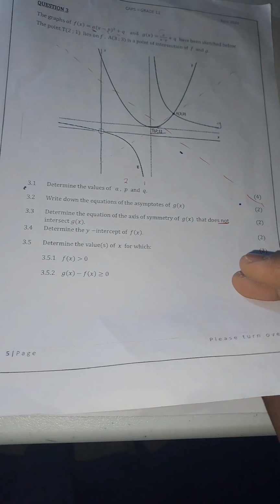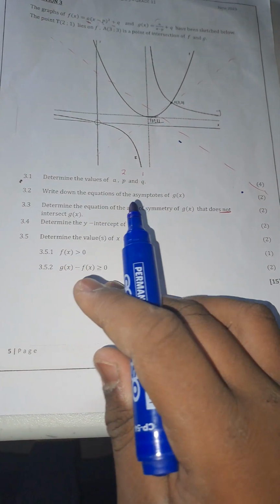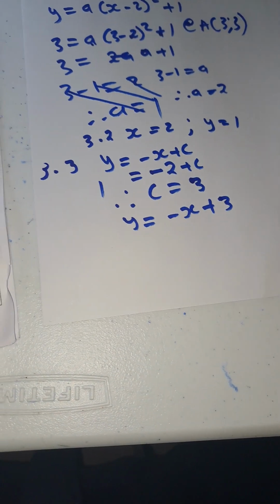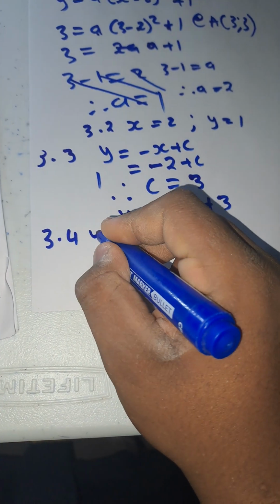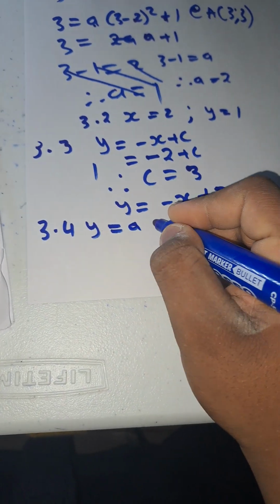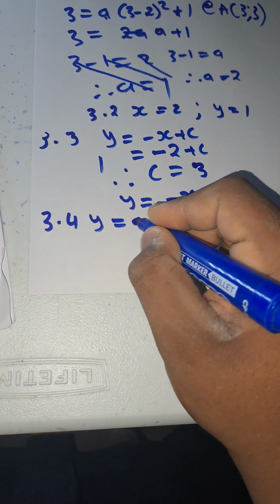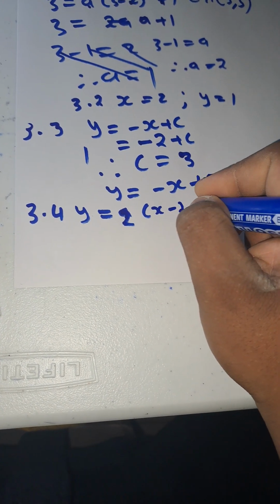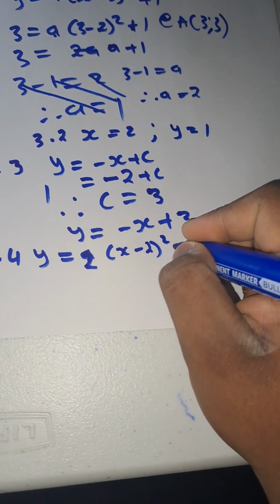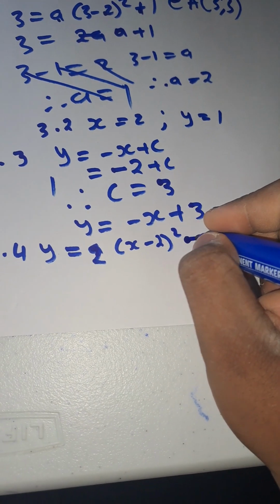Now, what are they saying in the next question? Determine the y-intercept of f of x. This is f of x. They want the y-intercept. Remember, for the y-intercept, let x be equal to 0. But remember, we identified our equation as y is equal to a, which was 2, so this was 2 times (x minus 2) squared, and then plus 1.